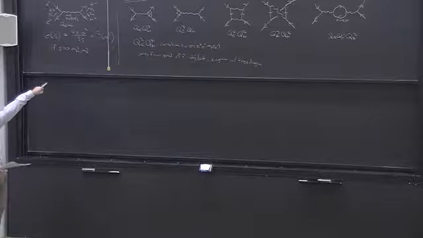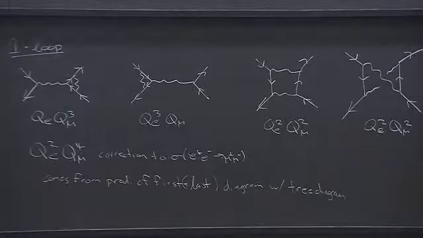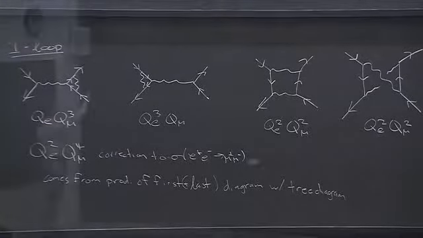And the square of these diagrams will be subleading to the cross terms that involve the tree level diagram times one of these diagrams. So if Q_e equals Q_mu, all of these diagrams are the same order, and the leading correction would come from the cross term between the tree level diagram and the sum of these one-loop diagrams.